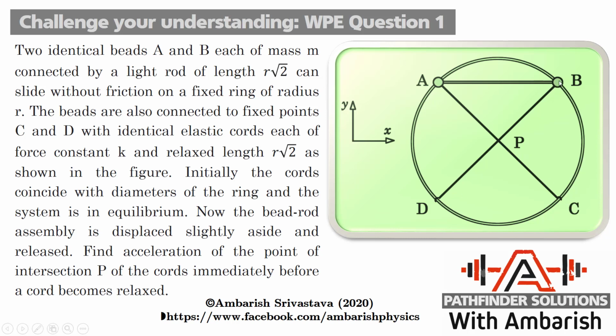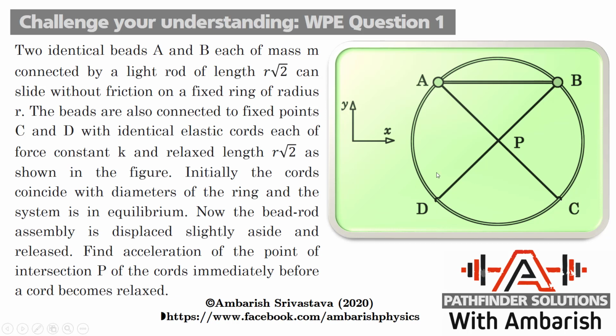And when bead B comes to point C, the distance DB will become r root 2. That means this DB cord will become relaxed. Similarly, when B comes to C, A reaches the position of B, and therefore this cord AC also becomes relaxed. So both cords become relaxed when B reaches C and A reaches the position of B.